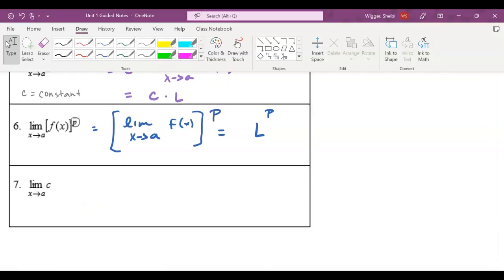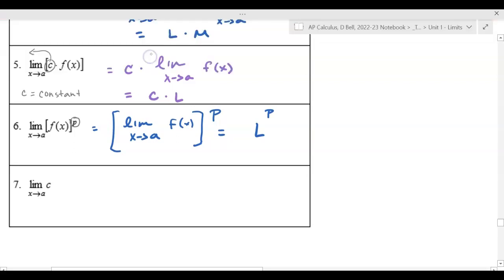And the limit as x approaches a of a constant, remember, this is the function. So if I have f of x equals c, that's the same as y equals c, or y equals any number. That's just a horizontal line. And if we approach any number, it's going to go to that c value.